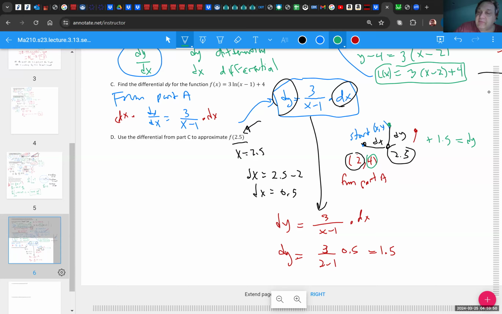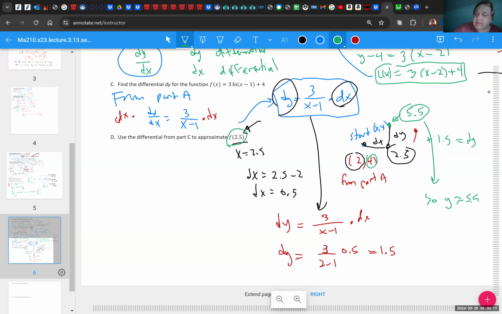If you're thinking 5.5, you are thinking the right answer, because 4 plus 1.5 is 5.5. So 5.5 is the y value, which is what we're seeking. We're trying to find the y value at 2.5. So if you nudge over this way to the new x value 2.5, then nudge up this way, you find the new y value of 5.5. So y is approximately 5.5.